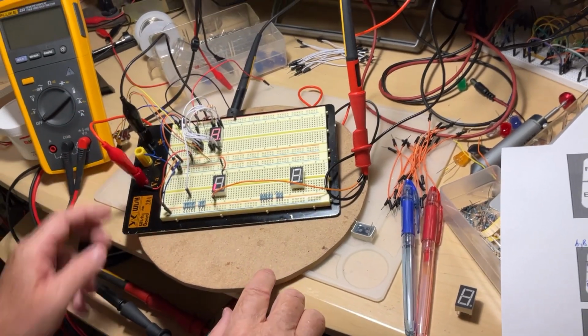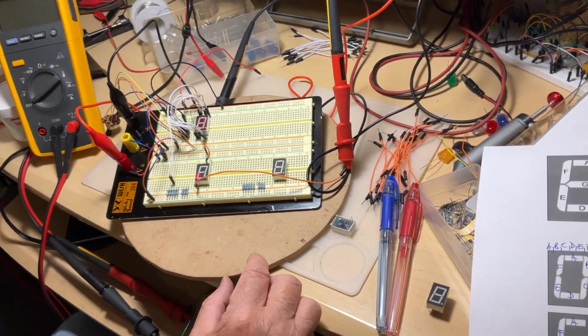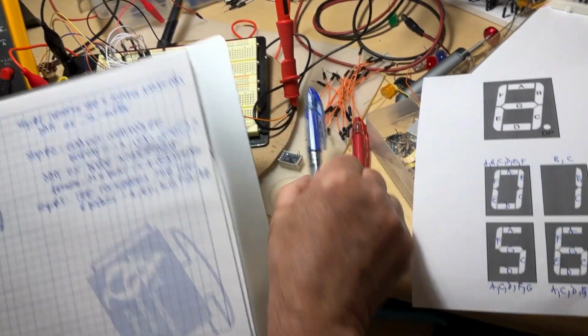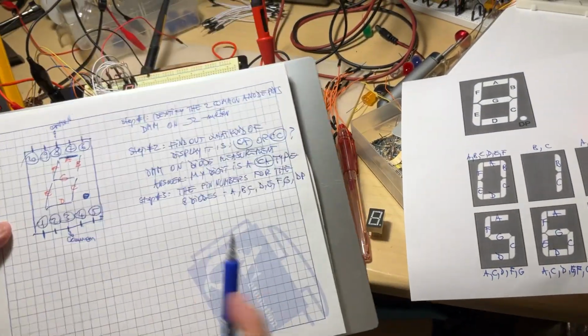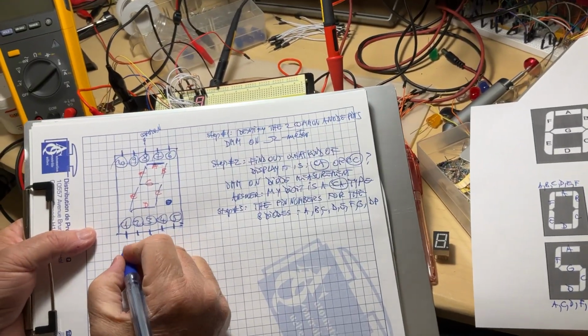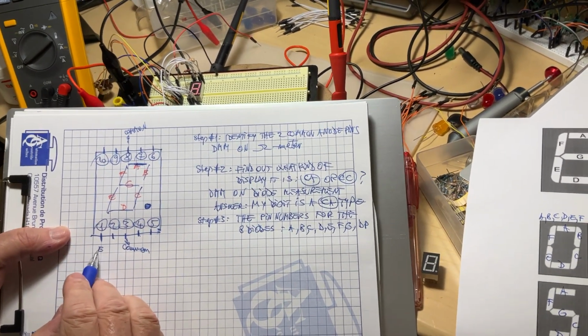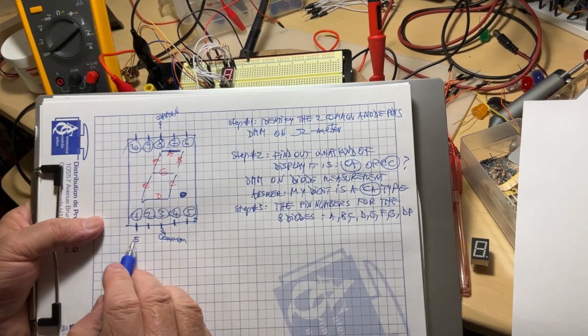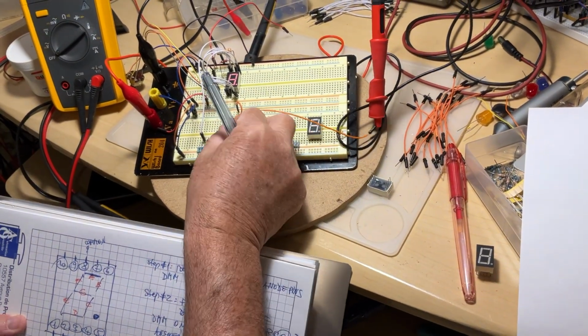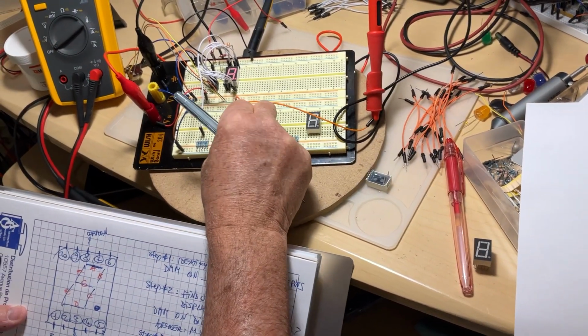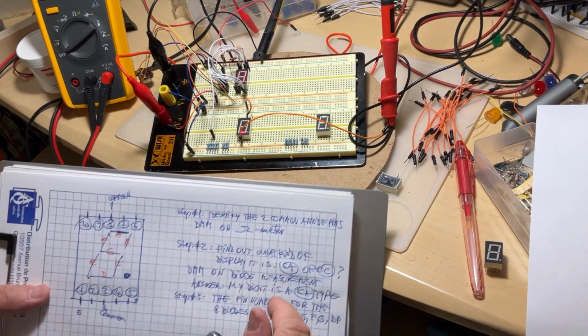So I know now that for my drawing here, pin number 1 is connected to the LED representing the segment E. I go further. I connect it on the next pin, which is number 2.